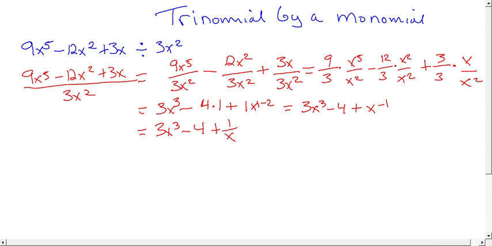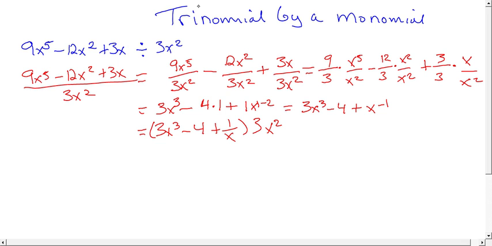Okay, and again, that problem is simplified. So now all we need to do is multiply to check. So let's go ahead and set it up how it should look. Make sure that we also understand that we factored out 3x squared, and 3x squared cannot disappear from our answer.